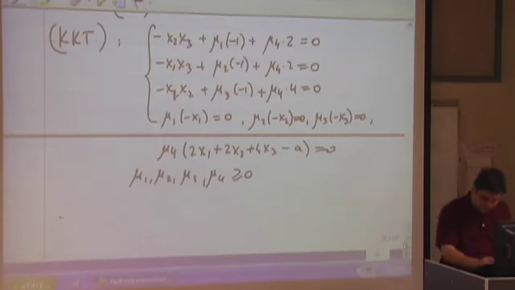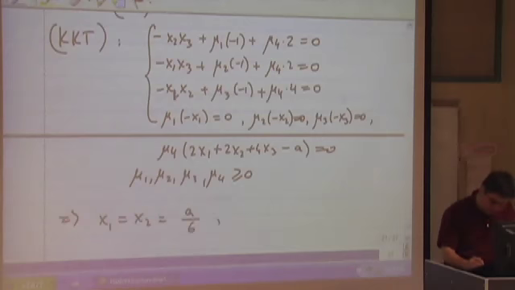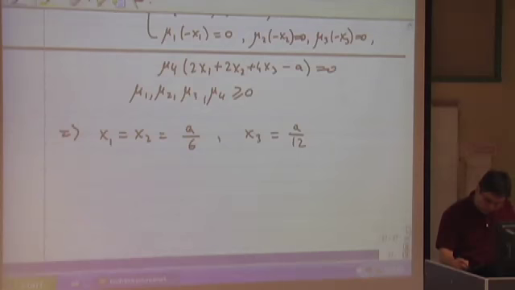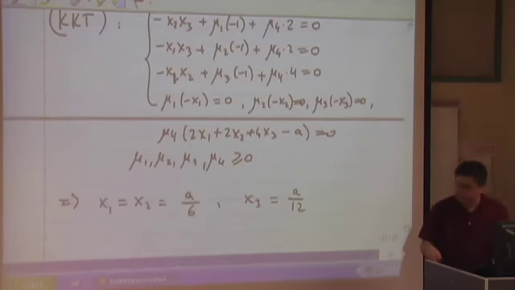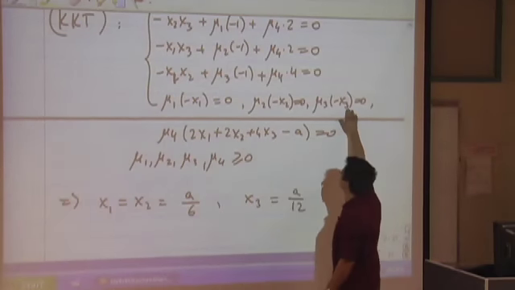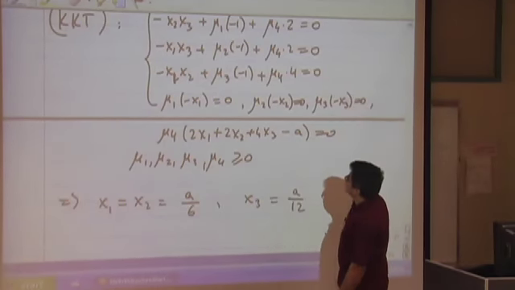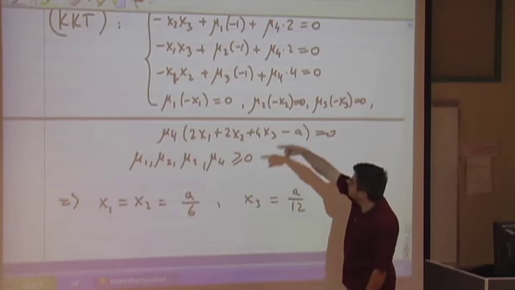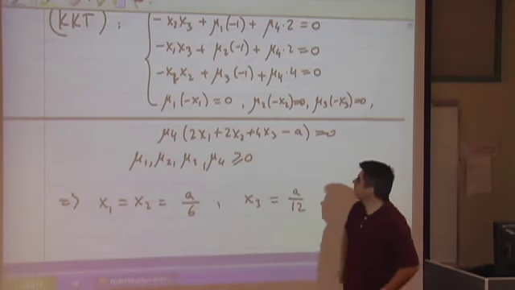Okay, so I don't want to spend more time here. Just list x1 and x2 equals a over 6 and x3 equals a over 12. So that simplifies a lot if you notice that x1, x2, and x3 cannot be 0, then all mu1, mu2, mu3 are 0.